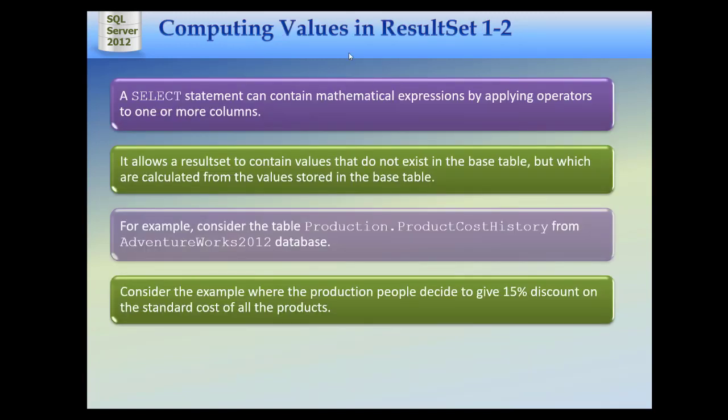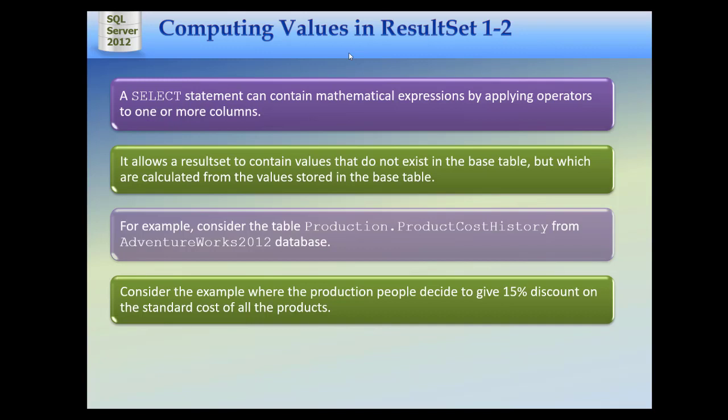Now, computing values in the result set. A select statement can contain mathematical expressions by applying operators to one or more columns, and it allows a result set to contain values that do not exist in the base table, but which are calculated from values stored in that particular table.